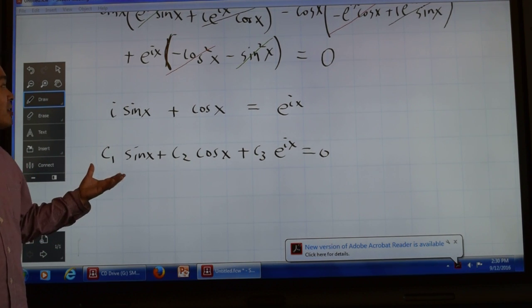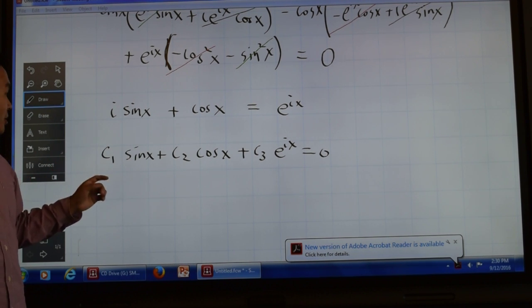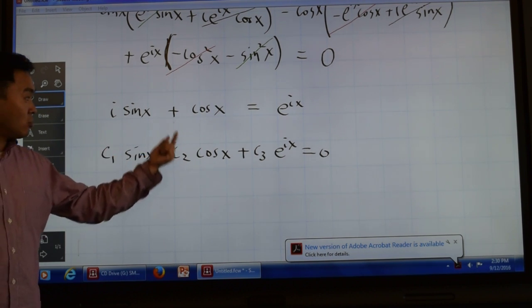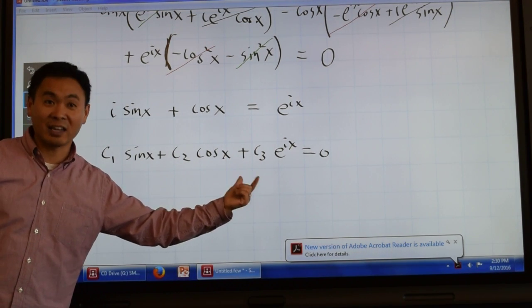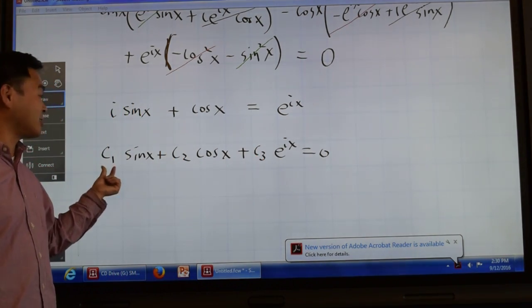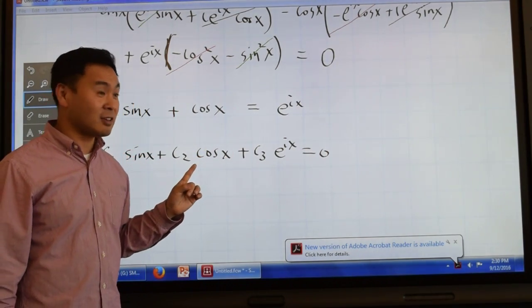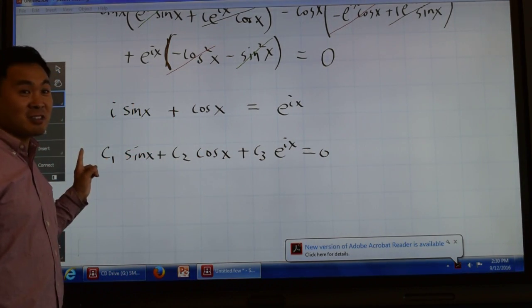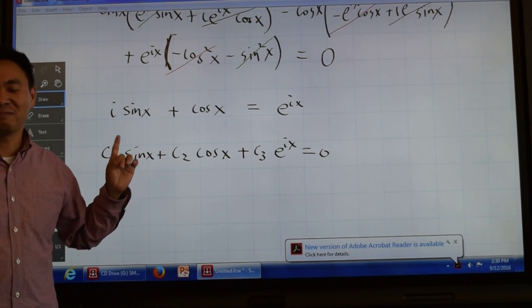And I was just pointing out that there are indeed such numbers, and we know them. You can have C1 as i, C2 as 1, and C3 as negative 1. If C3 is negative 1, C2 is 1, and C1 is i, this gives you 0 for all values of x, and that means these are linearly dependent.